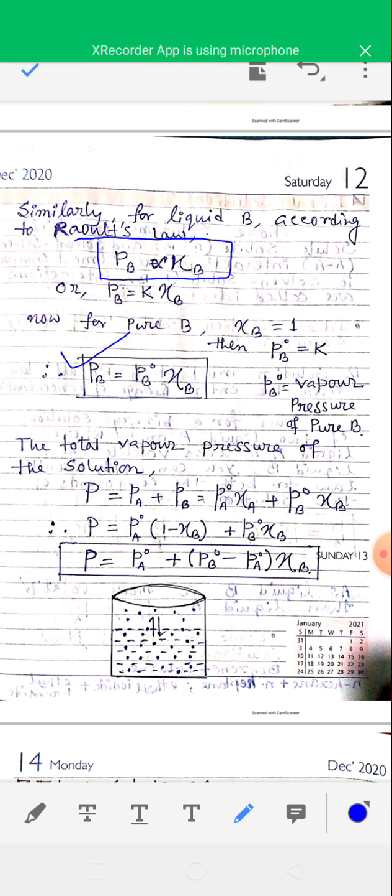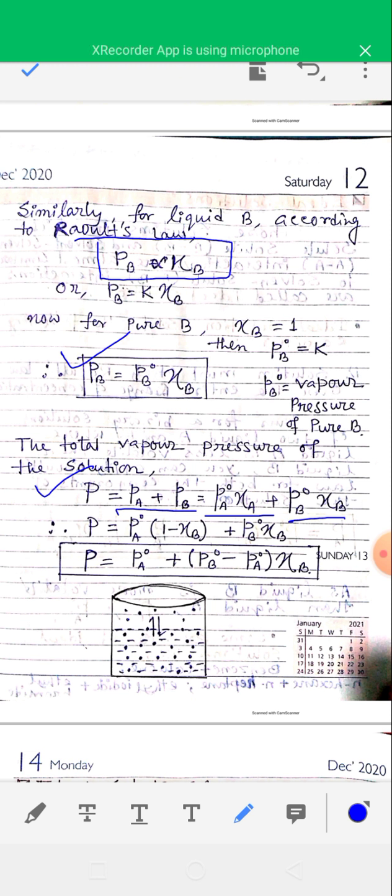Now the total vapor pressure of the solution can be obtained by adding Pa plus Pb, the vapor pressure of A and the vapor pressure of B. So P, the total vapor pressure of the solution, is equal to Pa plus Pb, where Pa is Pa naught Xa, and Pb is Pb naught Xb.